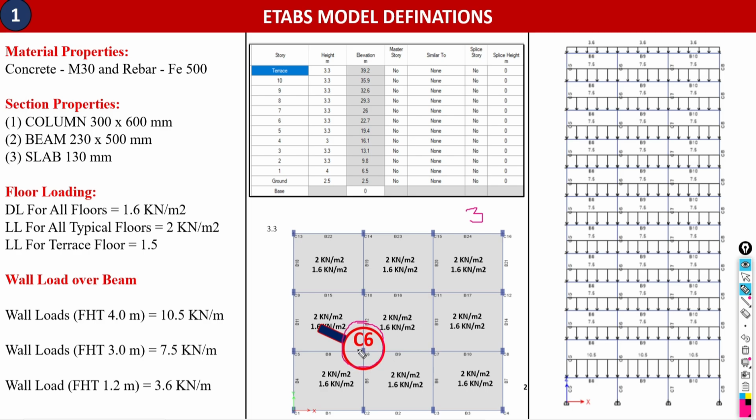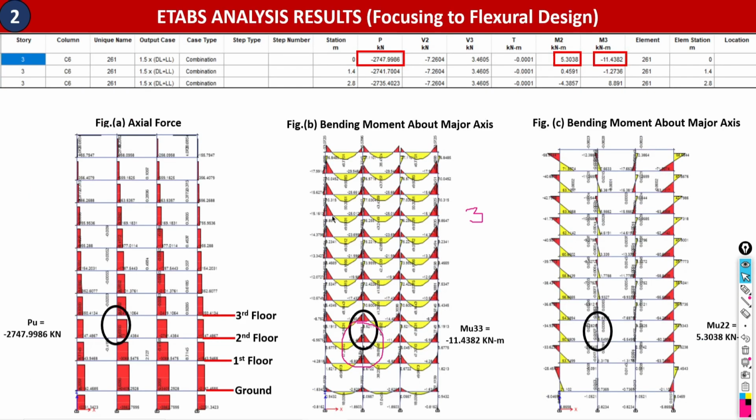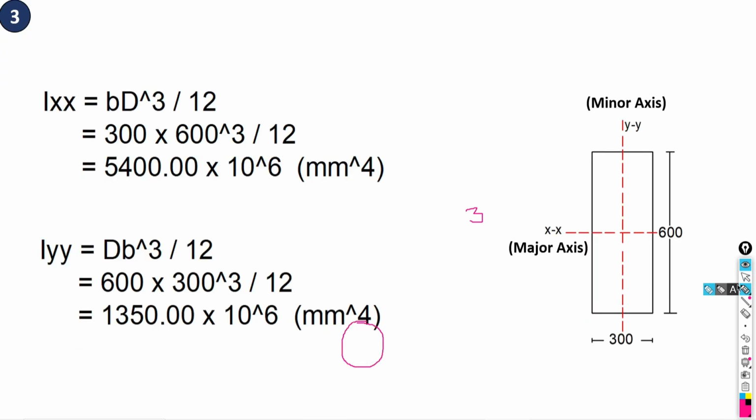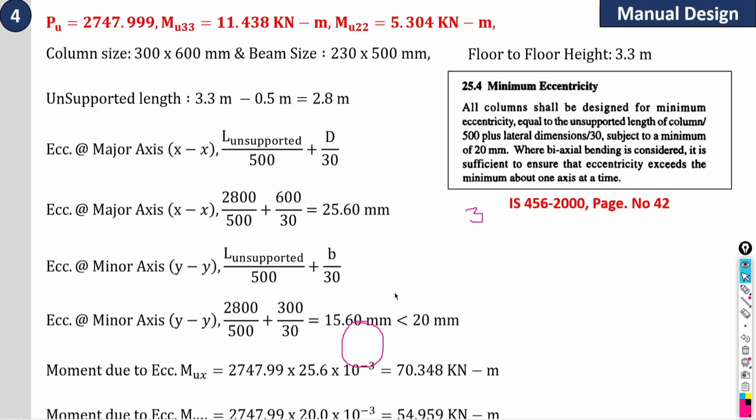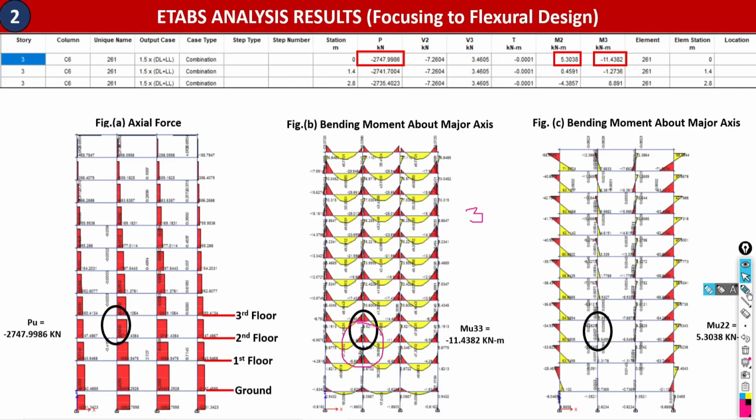We are going to take one column for our study, so it is story number 3 and column number 6. For this we are going to proceed here.